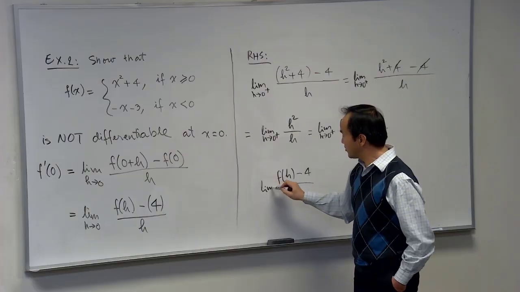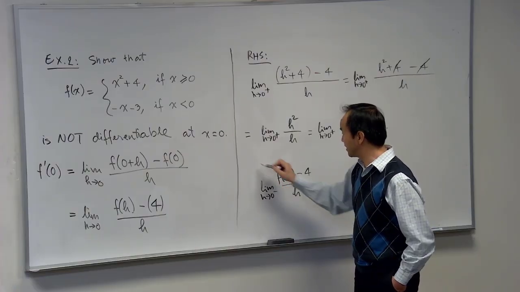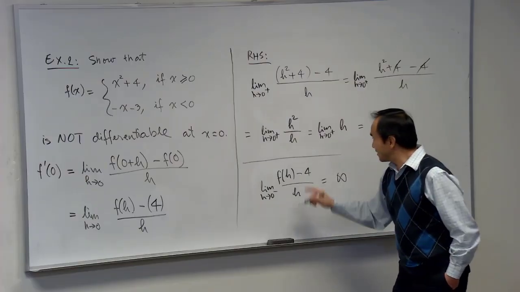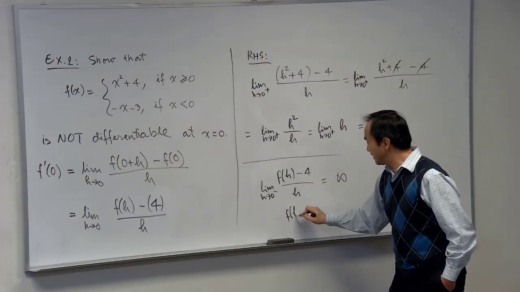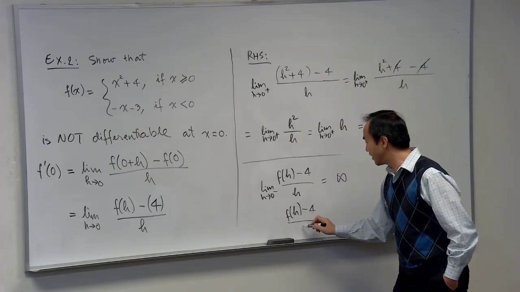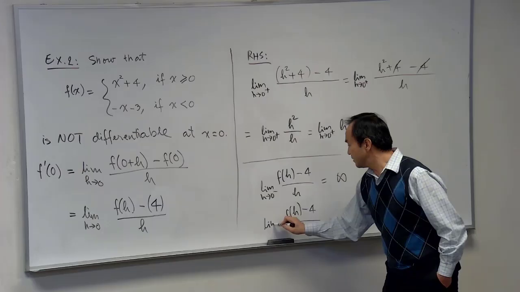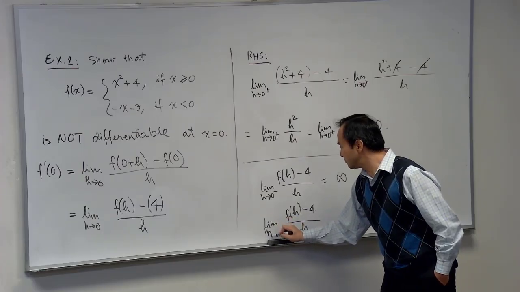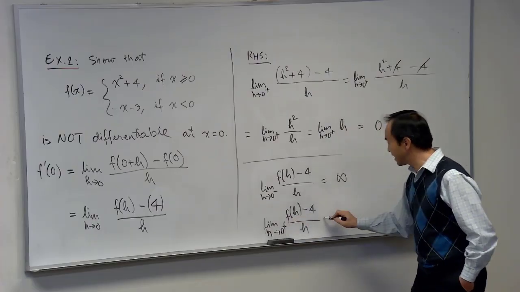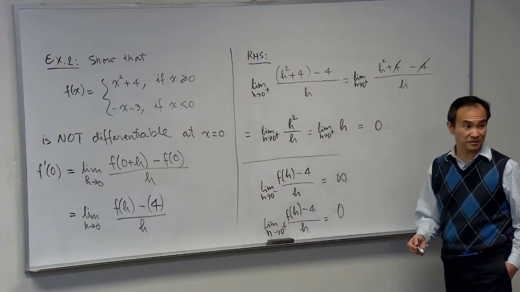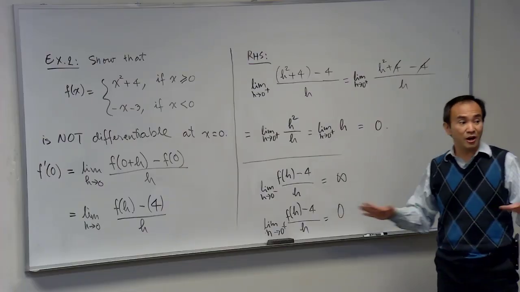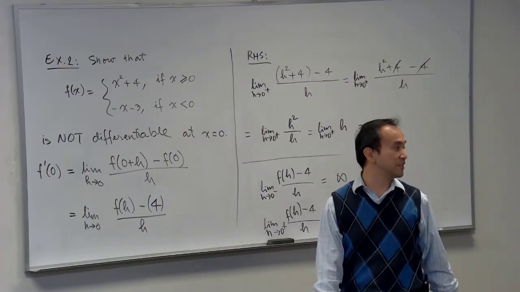But if we're letting h go to 0 from the left-hand side, we came to positive infinity, right? The one just now, f of h minus 4, dividing by h, we take the limit as h goes to 0 from the right-hand side. This answer came out as 0. So do the two-sided limits agree? They just don't, right? And right from the first day we've been agreeing with that together.